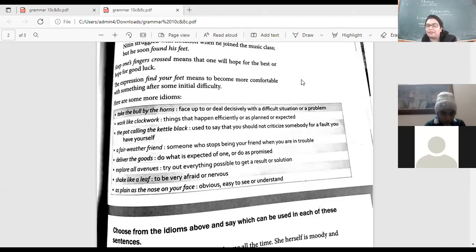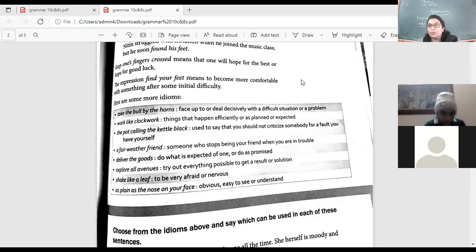A fair weather friend. Fair weather, कैसे weather होता है? अच्छा weather. और अच्छा weather सबको अच्छा लगता है, isn't it? Right? So a fair weather friend. When the weather is nice, people turn up. Weather here is when your conditions are good. When you are going through a good time of life, you will find many people will come to you.